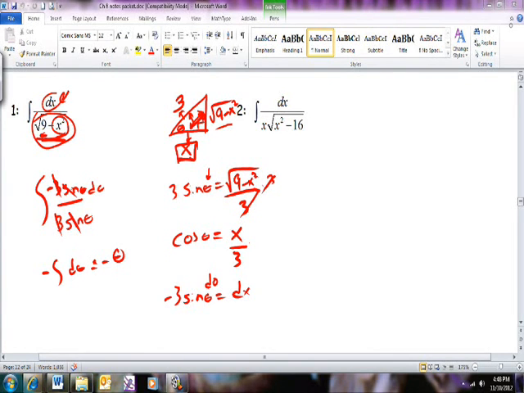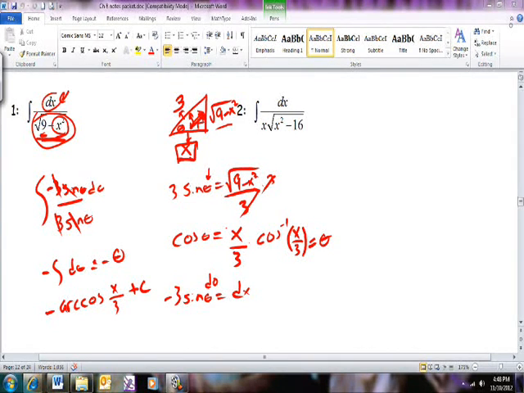Cosine of theta was my x over 3. So that means that to find theta, cosine inverse of x over 3 equals theta. So I've got the arc cosine of x over 3. I have the negative out front, negative arc cosine of x over 3, and then plus c.